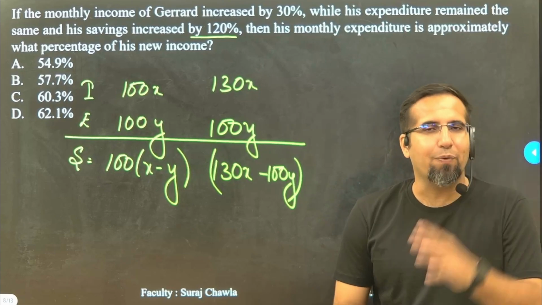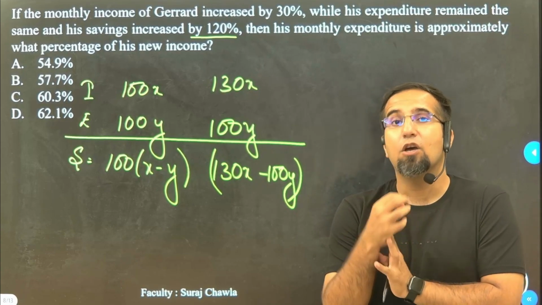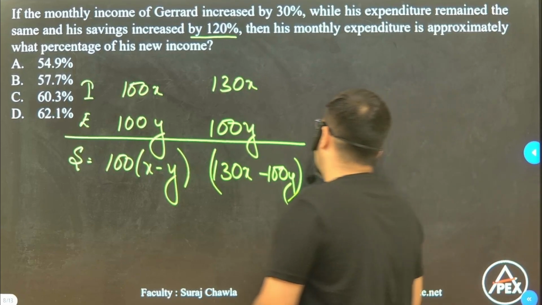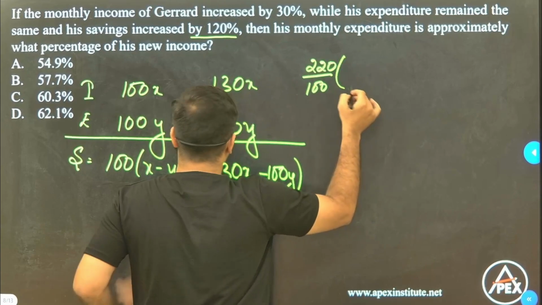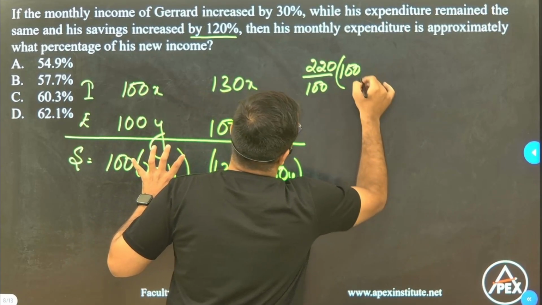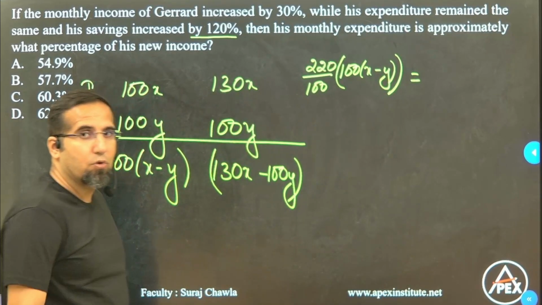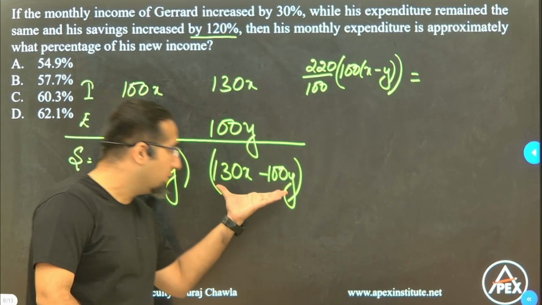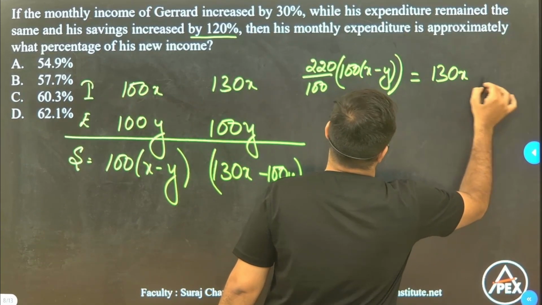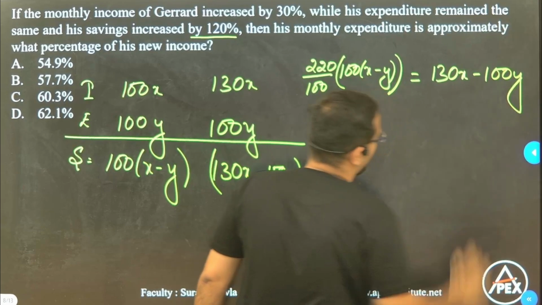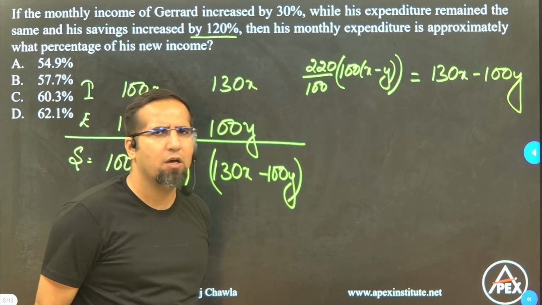And with an increase of 120%, what is the multiplying factor, guys? 100 plus 120 by 100, that is 220 by 100. मतलब multiplying factor into initial value, 100 times of x minus y, is equal to the final value, and the final value is 130x minus 100y. Clear? So the new savings according to the question is equal to new savings according to our assumptions.